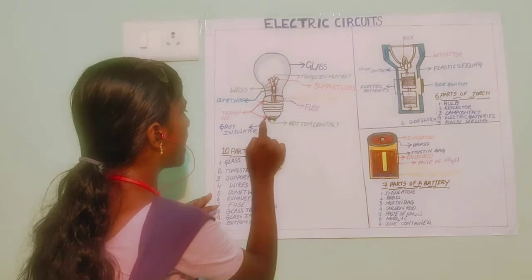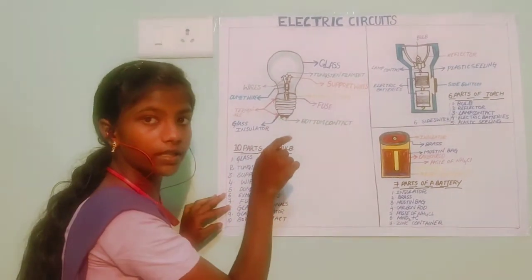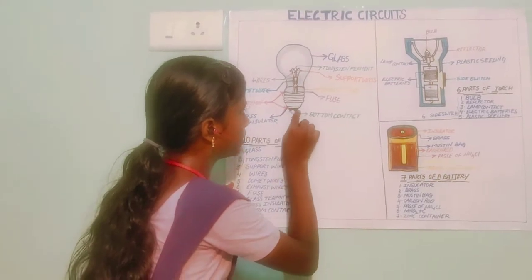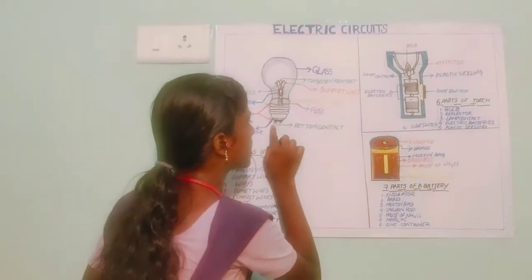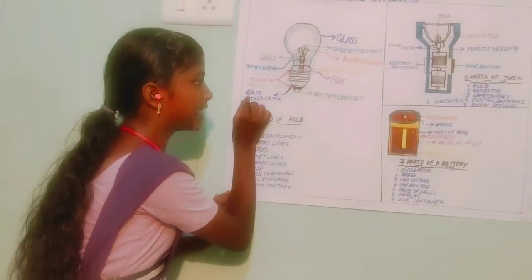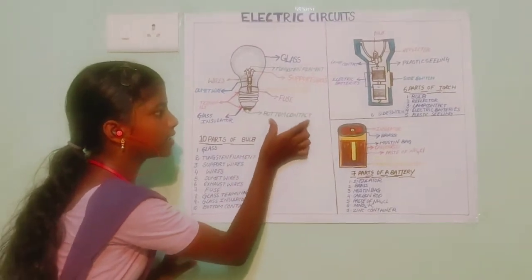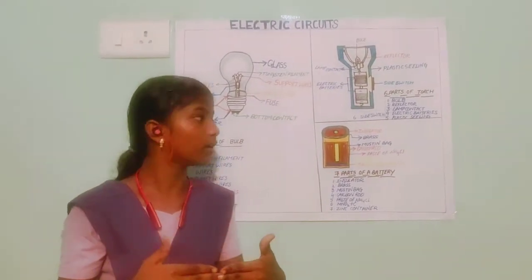And glass insulator. This is outside. You see this? Outside, like 2 small parts. These are called bottom contact. And this glass insulator and this bottom contact are attached one by one.